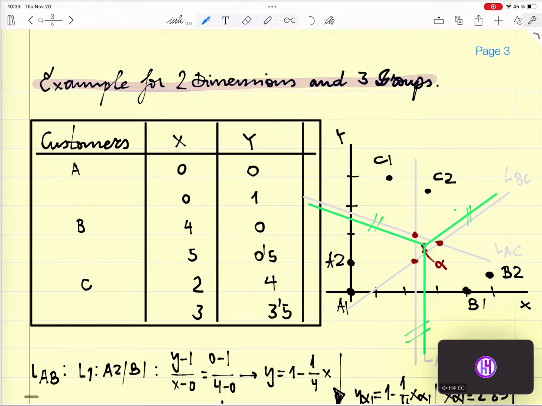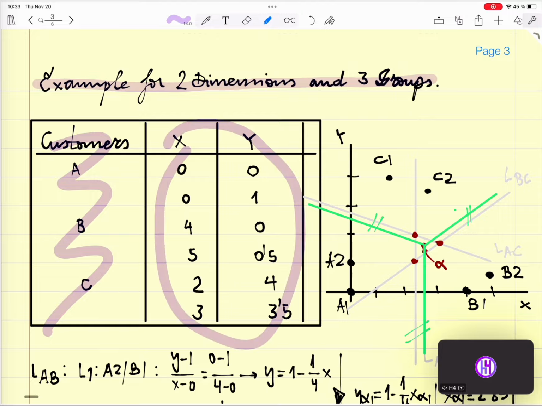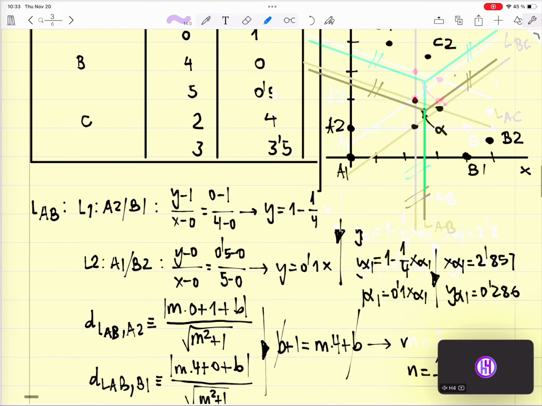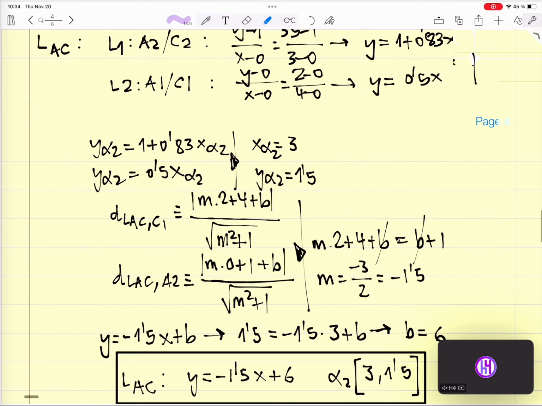So imagine I would not give you the customer classes, okay? So you only would have just the points. The first thing to do if you want to implement support vector machines is to do a clustering algorithm before, okay? So you would need to implement k-means clustering, for instance, to find out what the clusters are first, okay?